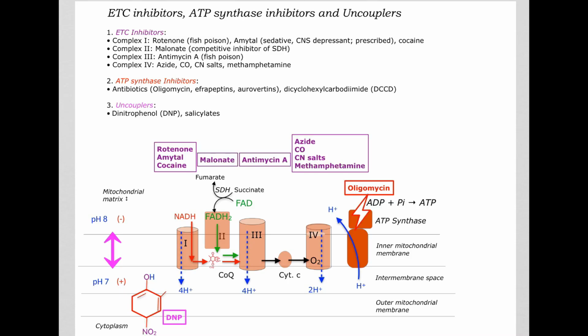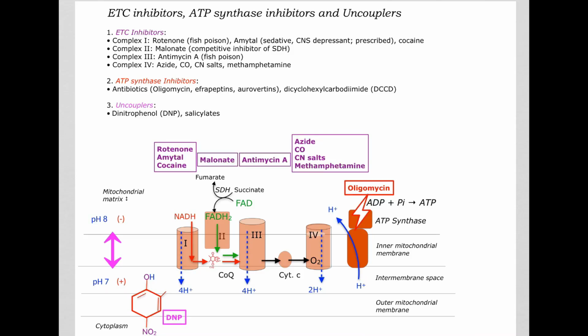There are several chemicals that can inhibit the electron transport chain as well as oxidative phosphorylation. We can classify these chemicals either as electron chain inhibitors, ATP synthase inhibitors, or uncouplers.